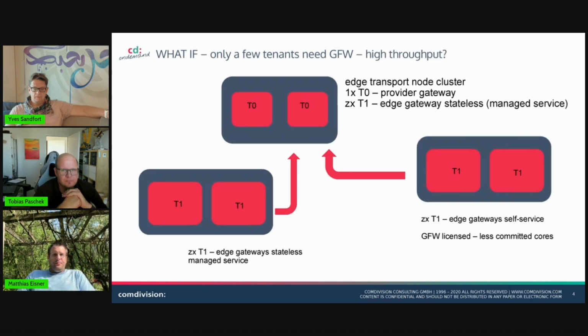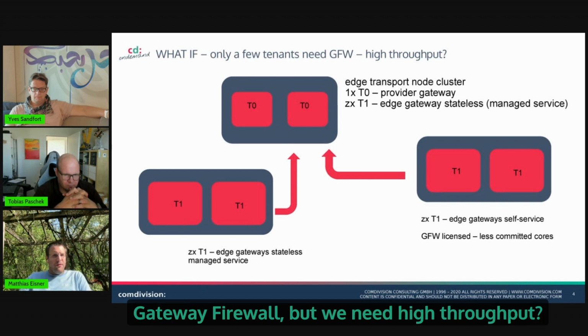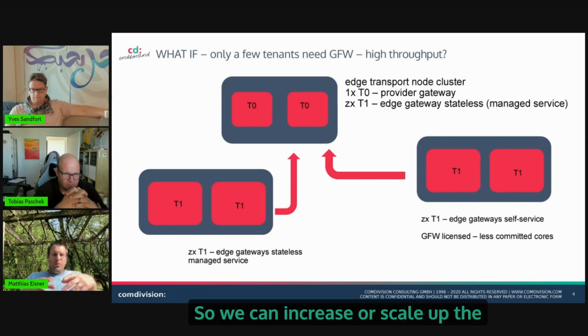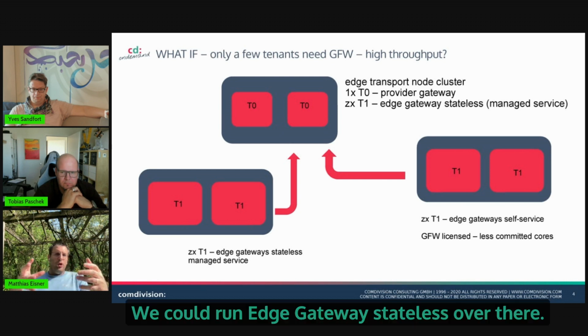What else? What if only a few tenants need the Gateway Firewall, but we need high throughput? So we can increase or scale up the edge transport node cluster hosting the T0. We could run edge gateways stateless over there.